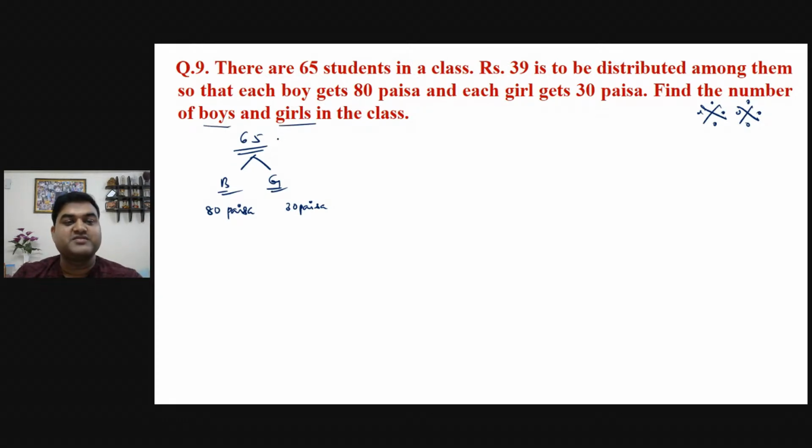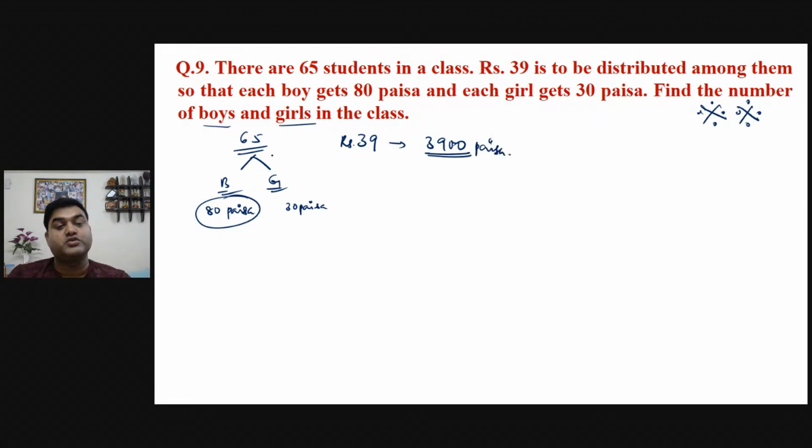So what is there? Rupees 39 is 3900 paisa. 3900 paisa has to be distributed among 65 students, combining boys and girls, such that every boy gets 80 paisa and every girl gets 30 paisa, and the complete money is exhausted.